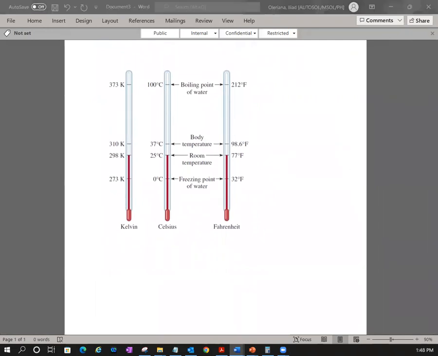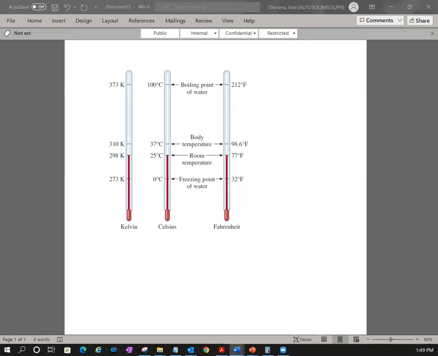Tapos, ang unang gagawin natin is, of course, mamimili tayo ng ating point of reference. Magsimula tayo sa Celsius at Fahrenheit na conversion. So ang point of reference na pipiliin natin is, for example, yung freezing point.